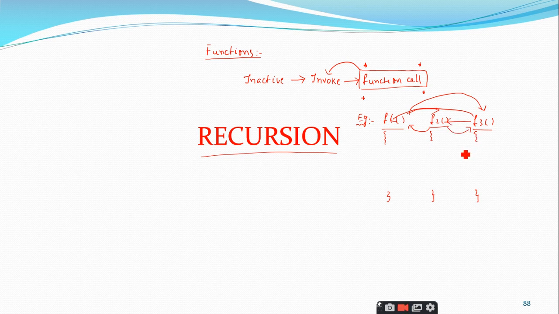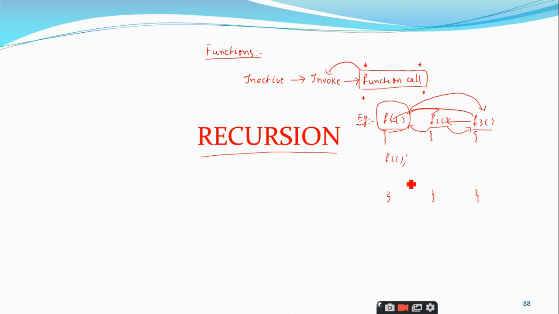This concept we are very clear about, and we have seen a lot of example programs related to function calls, that means one function calling any other function any number of times. But we didn't hear the term a function calling itself. The question is whether a function can call itself or not. That means f1, can it call itself? If f1 wants to call f2, I just call it with the function name.